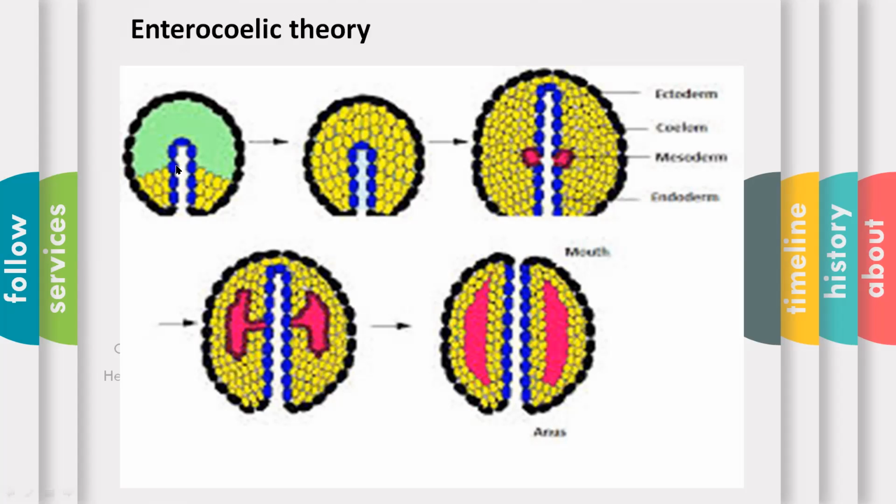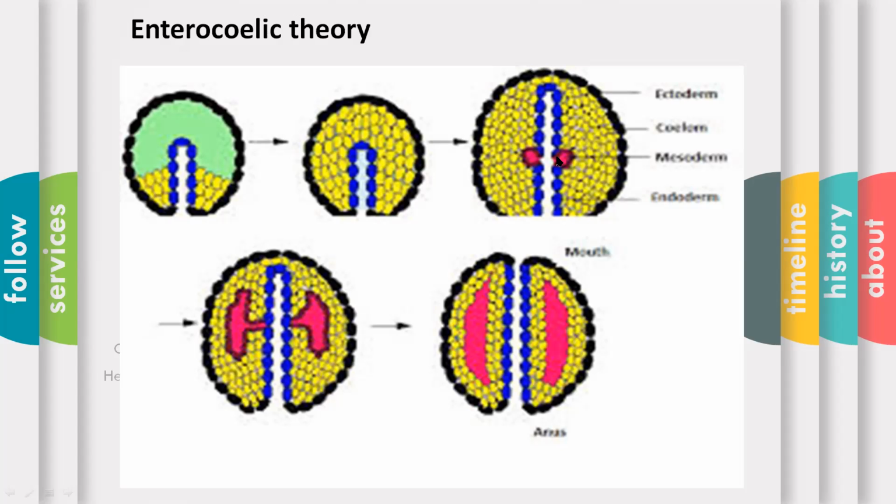In the first diagram, the blue cells are the endodermal cells. In the second diagram, you see the mesodermal cells have completely covered the space between the ectoderm and endoderm. So the yellow cells are completely filling it. Now in the third diagram, the pink part is the mesoderm.